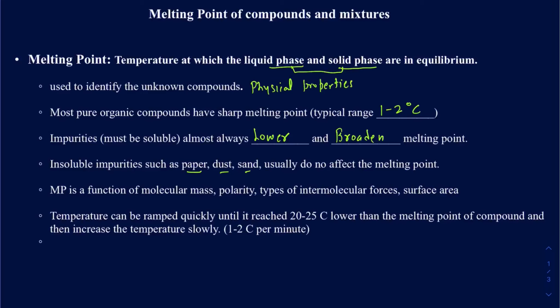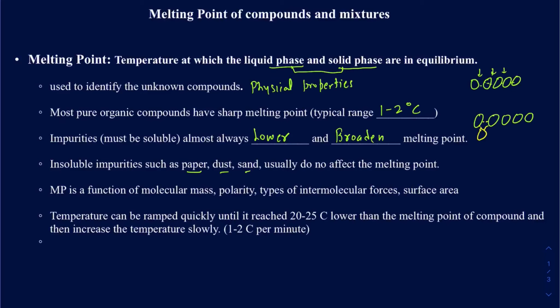Now, how do impurities really work? Suppose I have a compound in the solid state, where the molecules are making some sort of interactions. You want to break these interactions before they can go into the liquid phase. But if I throw in an impurity that's soluble in the solid, it's going to make interactions with your pure compound, or your main compound.